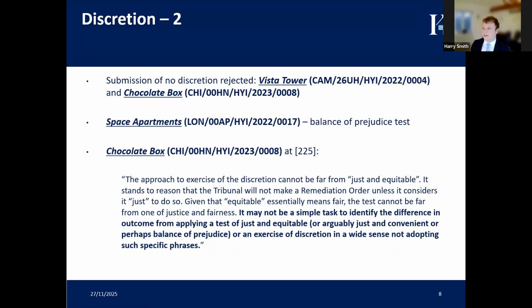In the earliest cases in 2023, there was no real analysis of whether the tribunal had a discretion to refuse a remediation order. It appears to have been assumed by the tribunal at that stage that once the gateway criteria were met, an order would be made. Then in the Vista Tower and Chocolate Box cases, which are on the slide, that was taken one step further, and it was actually argued by the applicants that once the gateway criteria were met, the tribunal was obliged to make a remediation order.